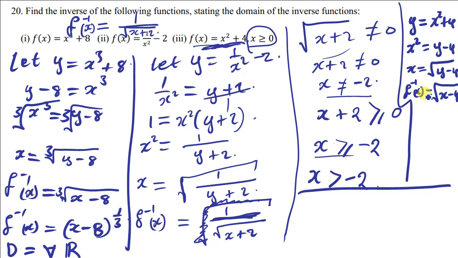So let's find the domain of this function. Everything that is under the root should always be greater than or equal to 0. So x minus 4 should be greater than or equal to 0. When you take this to the other side of the equal sign, you get x greater than or equal to 4. When you check this domain, it is exactly the same as the range I talked about here.